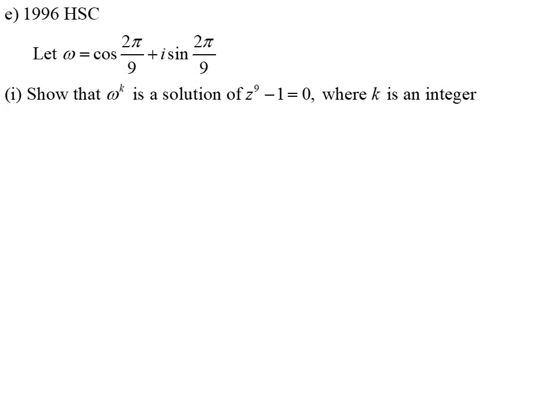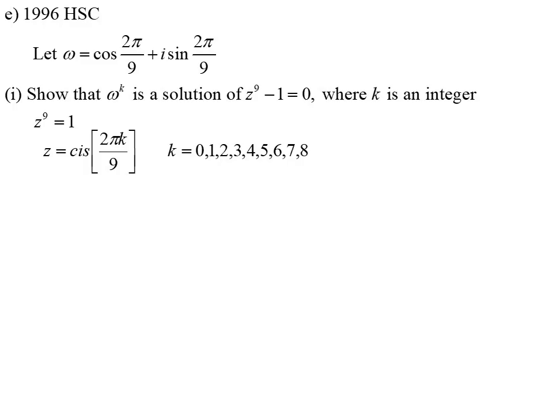Quite an old HSC. They told us that omega was this specific thing, cos of 2 pi on 9 plus i sine 2 pi on 9. We have to show that that to the power of k will be a solution to z to the power of 9 minus 1 is equal to 0. Well, z to the power of 9 equals 1, so I just need 9 consecutive numbers.